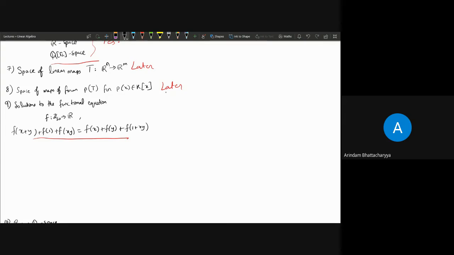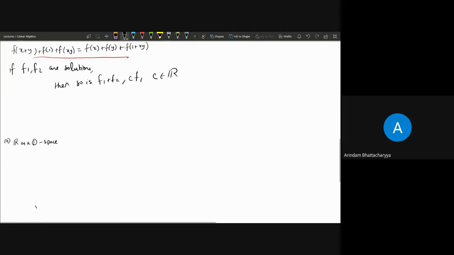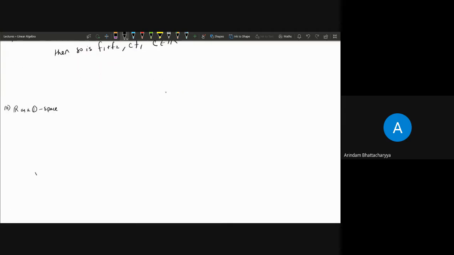Problem 9. It is a vector space. The thing you have to check is if f1 and f2 are solutions, then so are f1 plus f2 and c f1 for any c in R. Have any of you seen the Cauchy functional equation?